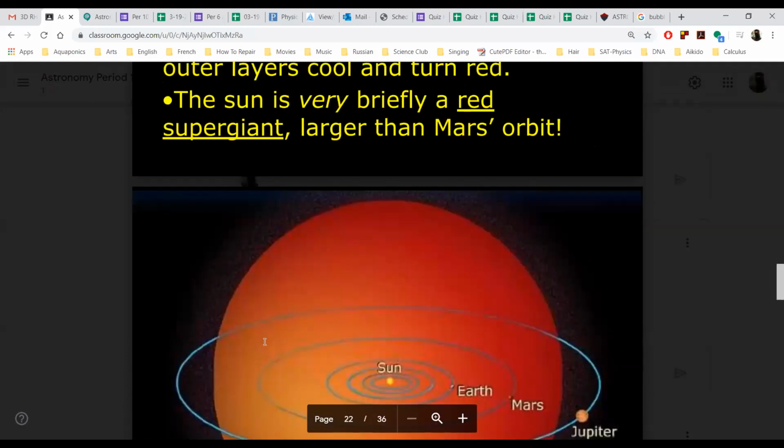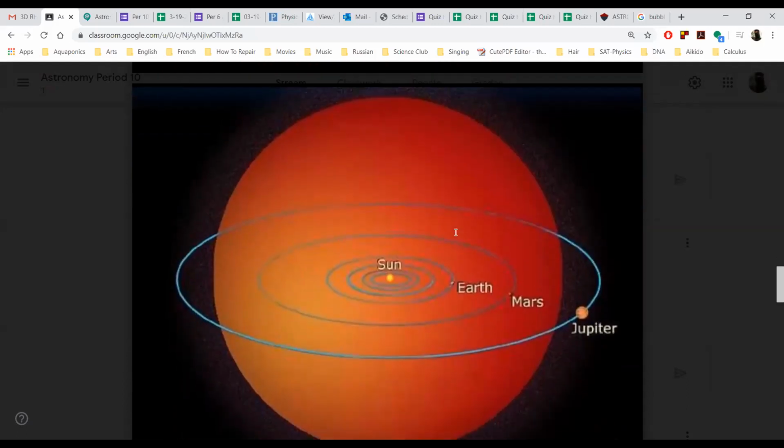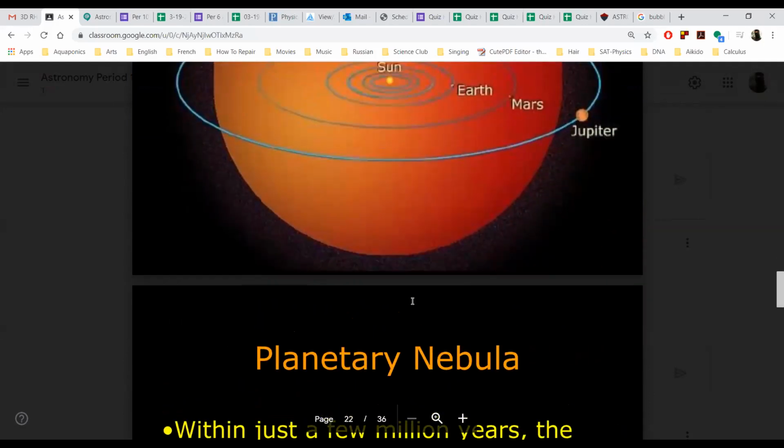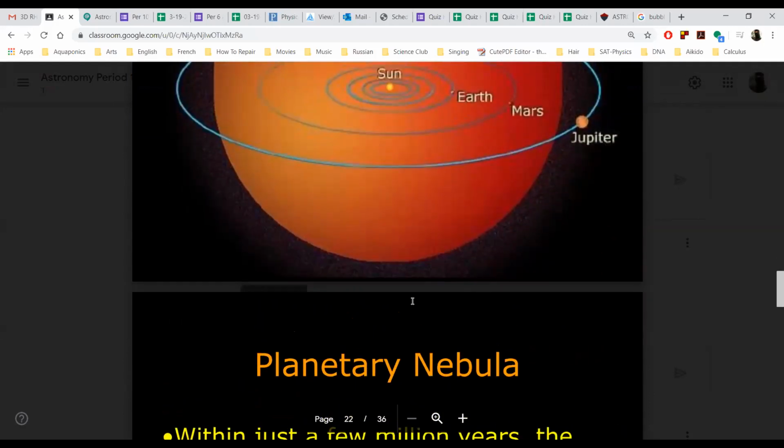So basically, at this point, the star will expand beyond Martian orbit while still resembling a sphere, right? So the next slide, you see a picture of that. And then after that, it's no longer following spherical symmetry.